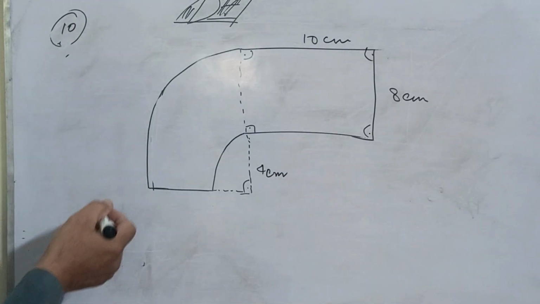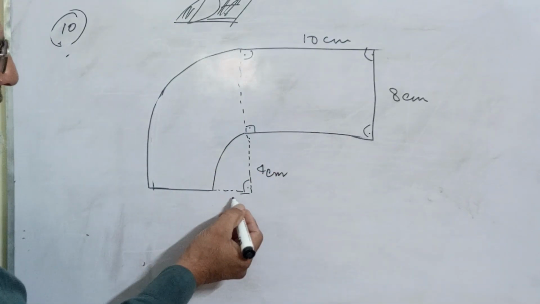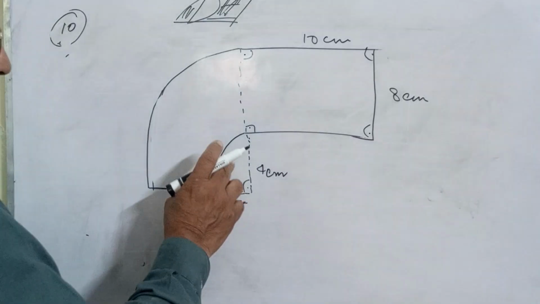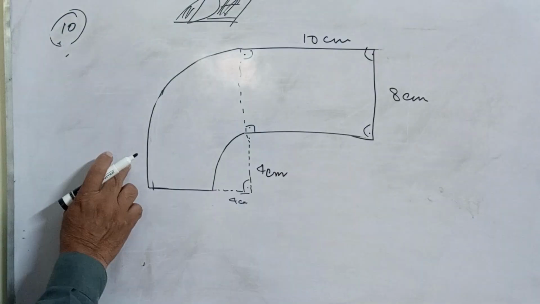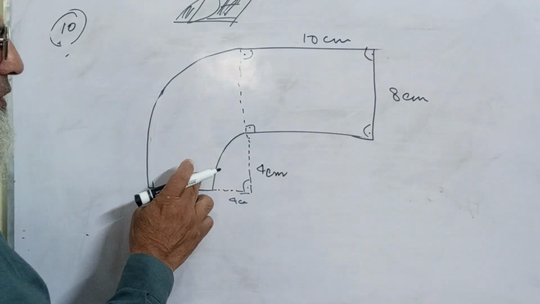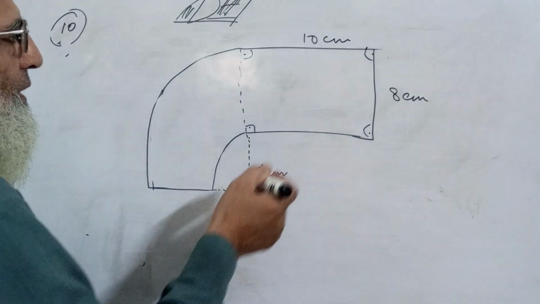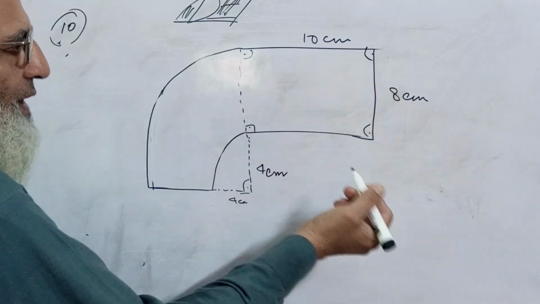Just consider that because this is 90 degree and this is 90 degree, this is 4 centimeters as well. So it means that this arc is a quarter, this arc is a quarter. Quarter circle, arc of a quarter circle. Now the area of this rectangular path is very simple.